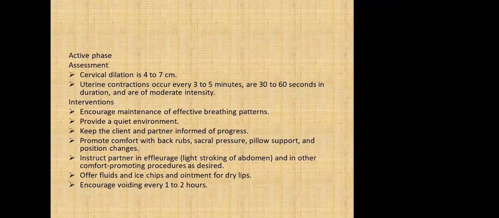For the interventions, it's not quite difficult, but what mostly trips people is how often the contraction should occur and how long the contraction should last. This is where you should pay much attention. So 3 to 5 minutes is how often contractions will occur. The same thing, if someone is in the active phase of labor and is contracting every 2 minutes, it is not normal.